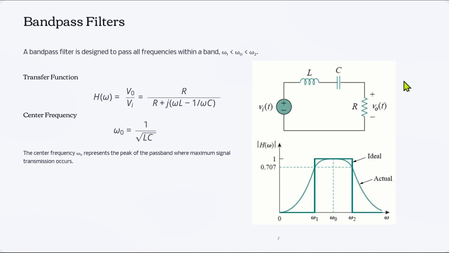So this also is a response of the resonating circuits, as we have already discussed in our earlier classes. If you want a particular band of frequencies and block the remaining, that is the bandpass filter. This can also be considered as a combination of high pass and low pass.